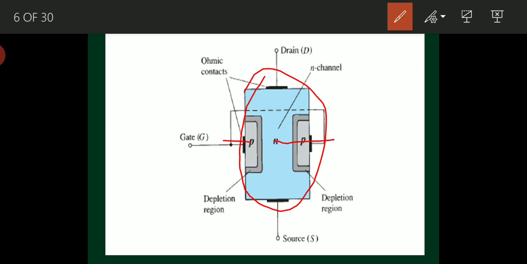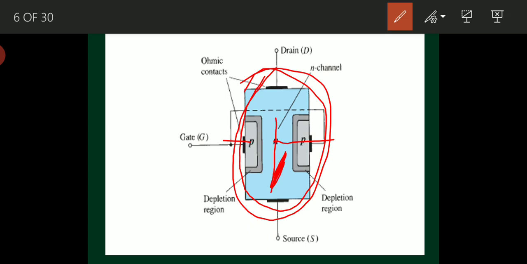Okay, this construction of N-channel JFET is the longitudinal cut section of JFET. Okay, it is the longitudinal cut section of JFET. N-channel JFET it is. So I will take the total semiconductor substrate. If I take germanium or silicon, mostly silicon is taken, and I have to dope it with pentavalent impurities to become N-type semiconductor.